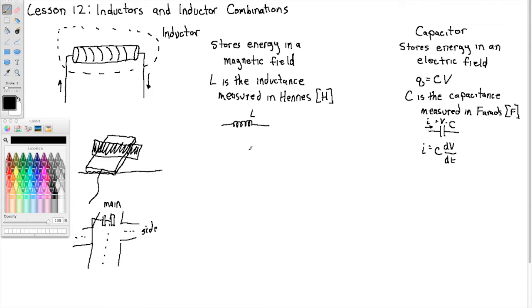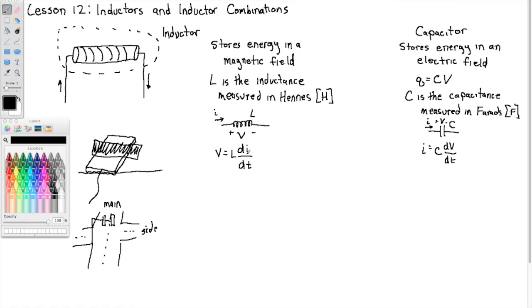Here, we've got the current through it, voltage across it. The voltage and the current switch roles. So here we have V equals L di dt. Not as smooth sounding, but there we go. V equals L di dt.